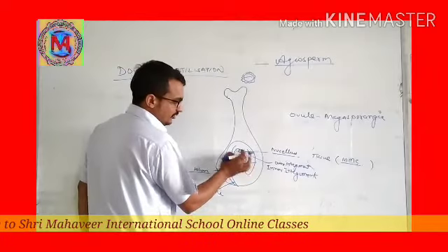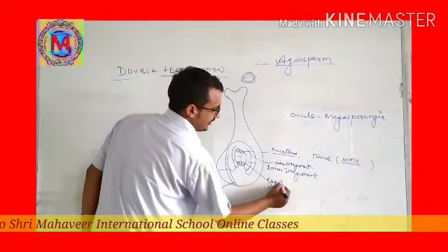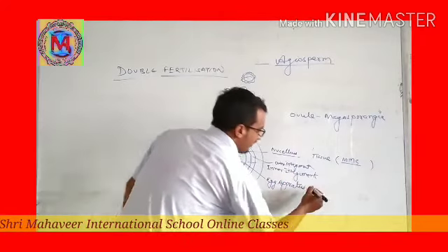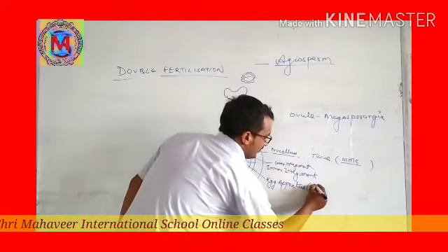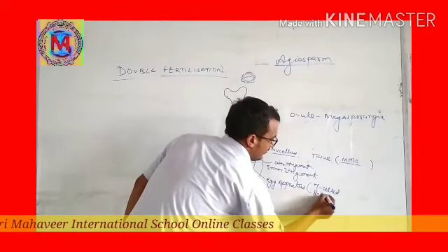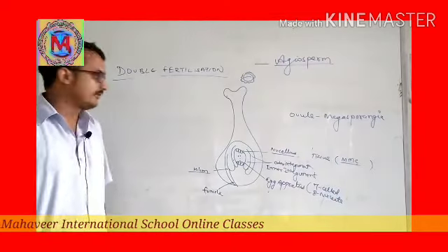What is the structure of this? This is known as the egg apparatus. And this egg apparatus is a 7-celled and 8-nucleate structure. How?